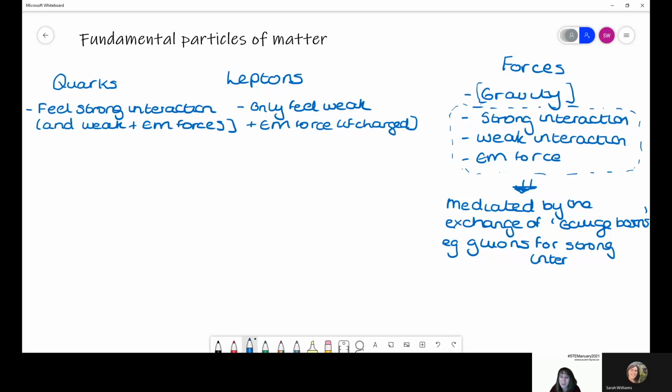I'll be talking about antiparticles soon. But it's an interesting observation of the strong force that you can never see a single quark on its own. And that's one of the reasons why it took scientists a long time to develop the model of matter that includes quarks, because we can't actually directly observe them.